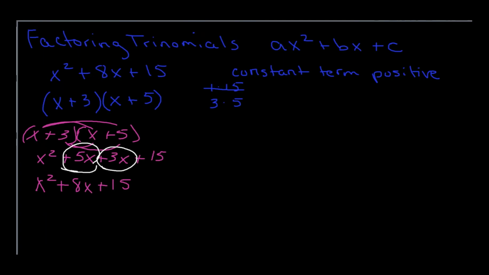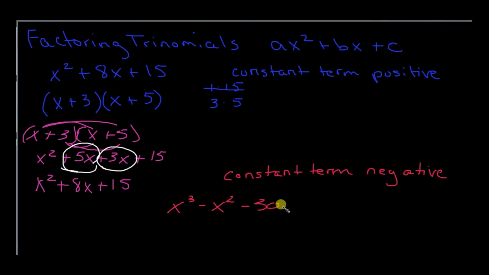Now let's try one where the constant term is negative. Here's our example: x cubed minus x squared minus 30x.